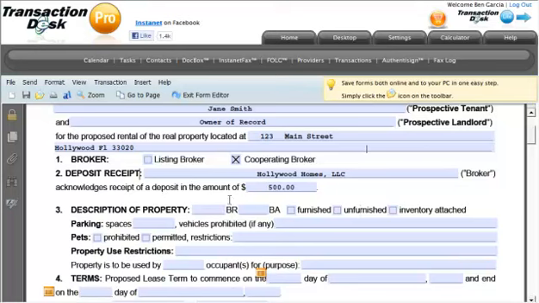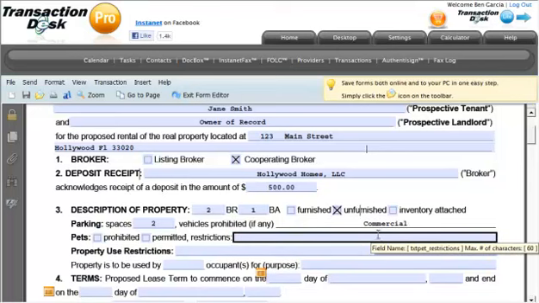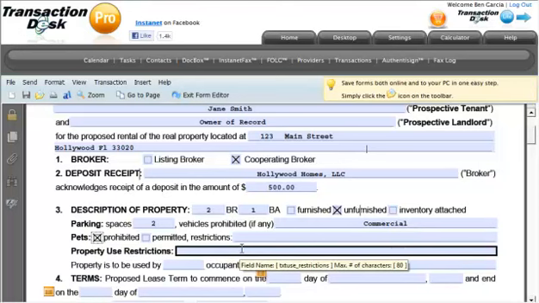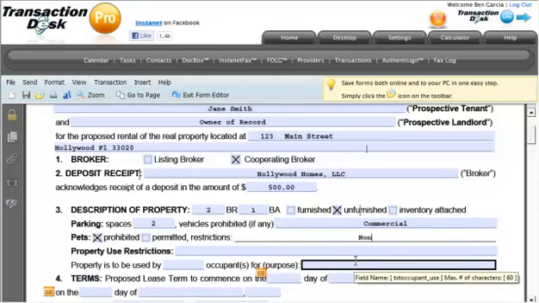Description of property. We're going to do a 2-bedroom, 1-bath, unfurnished, parking spaces, 2. We're going to say commercial vehicles are prohibited. We are assuming that this is a condo in our training here. We're going to say that pets are prohibited, so we would put none here.